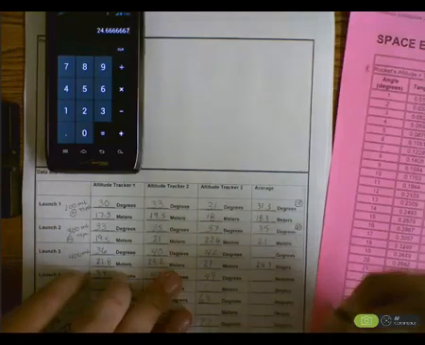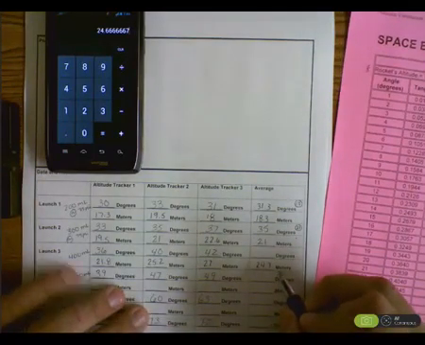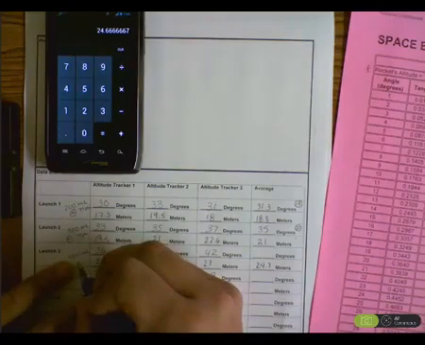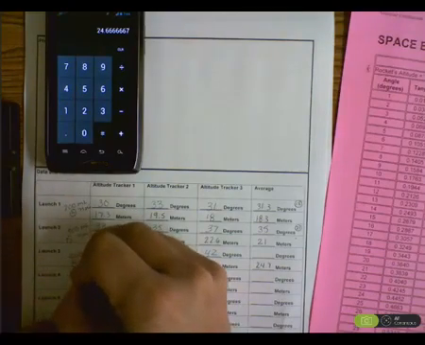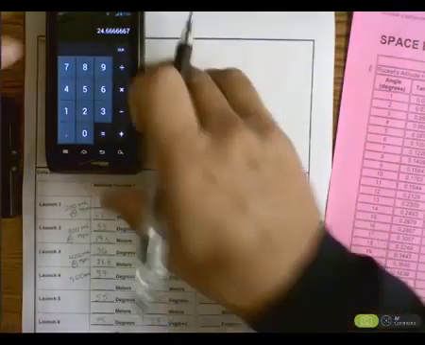So my average height in meters for 400 milliliters at 75 psi is 24.7 meters.